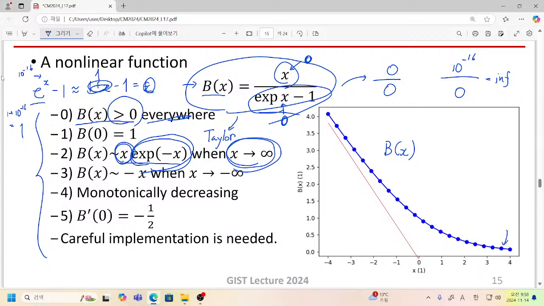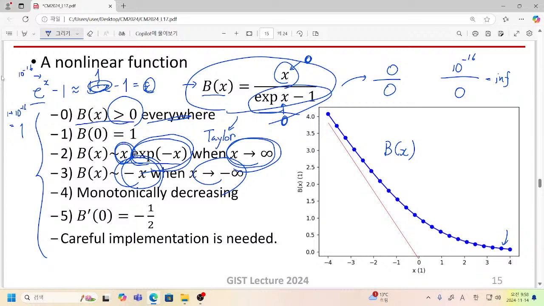And if we go to the negative extreme, negative infinity, then it does not increase exponentially. It just behaves like minus x.